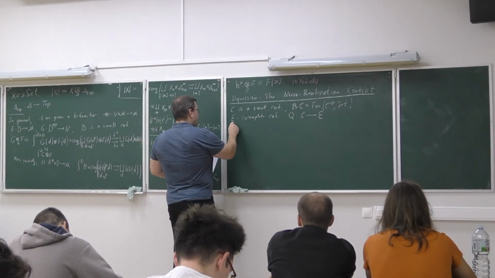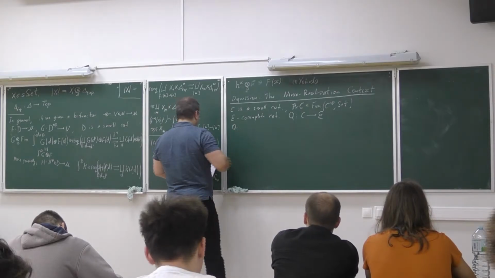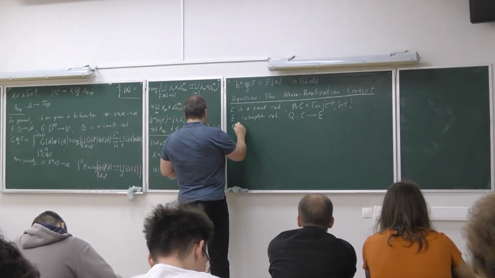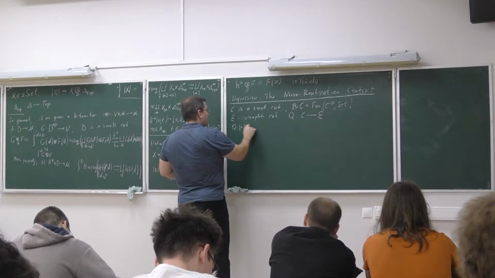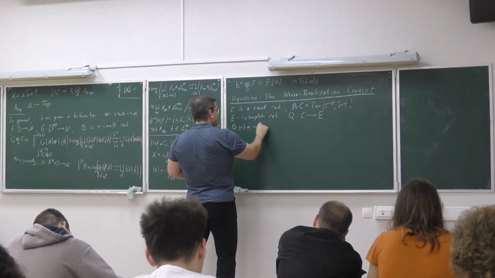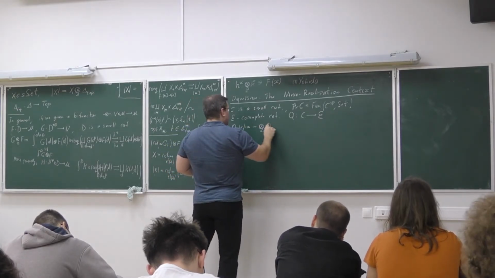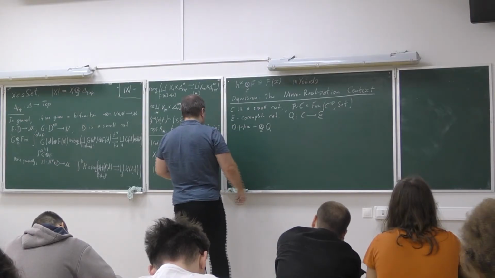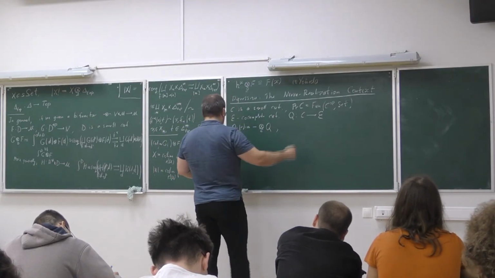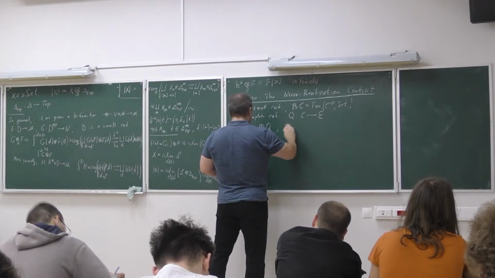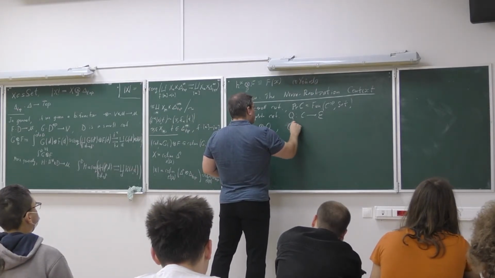But you can generally take this data and define two functors. I can define Q with a lower shriek, and this is defined as the tensor product over C with the functor Q. And also I can define the functor which I'm going to call Q with the upper star.